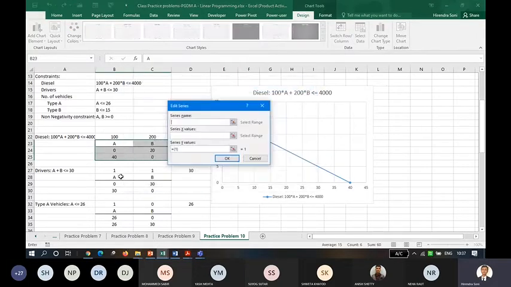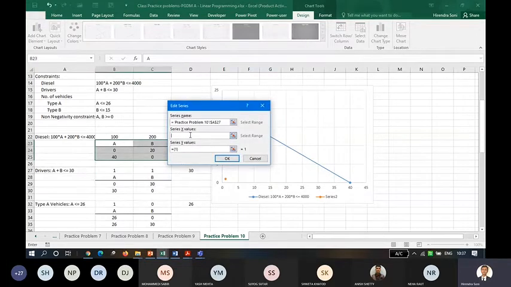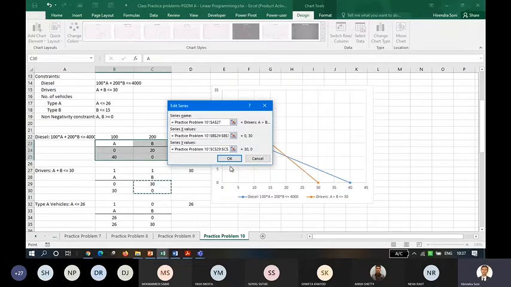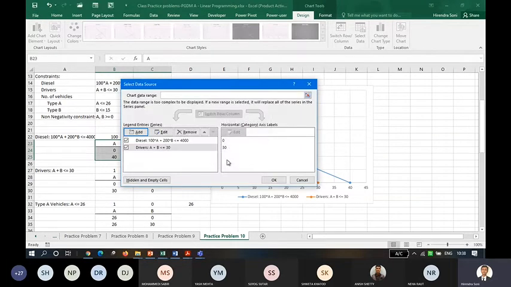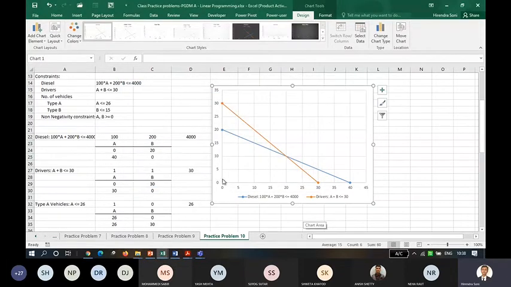So my next is drivers. X values would be this and my Y values would be this, and I say okay. Fine. So I have got the second equation also. So now my common region is between X and Y axis and this line and this line. So that means this is my common region now.